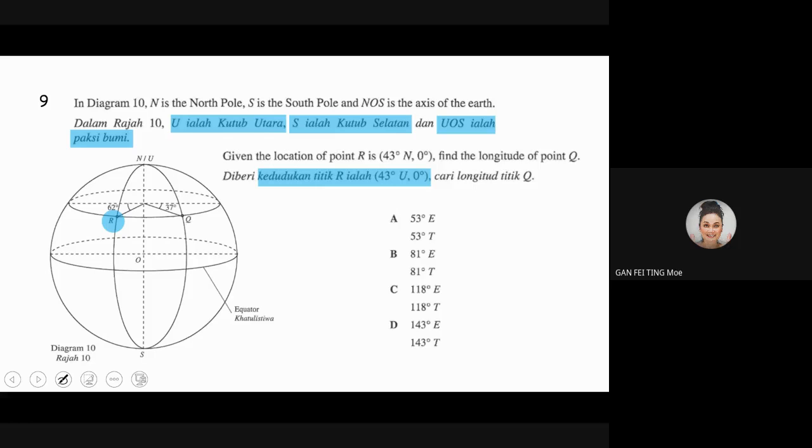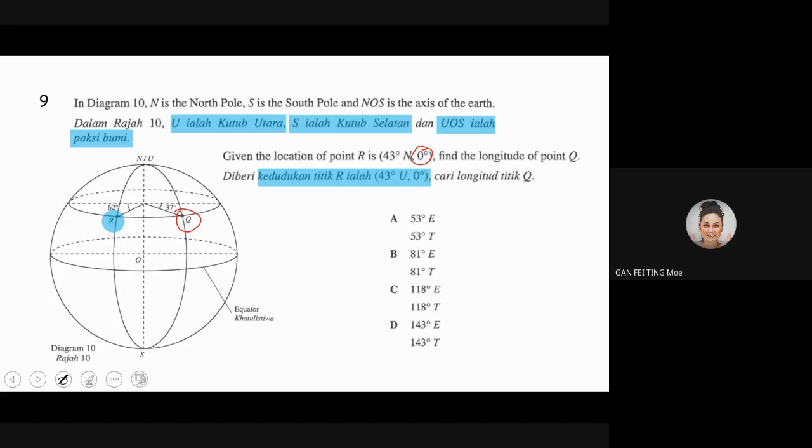What is this 0 degree? You don't see east, you don't see west. It means that it is our Greenwich meridian, where it is the starting point. You go to the east, you go to the west. Find the longitude of point Q.